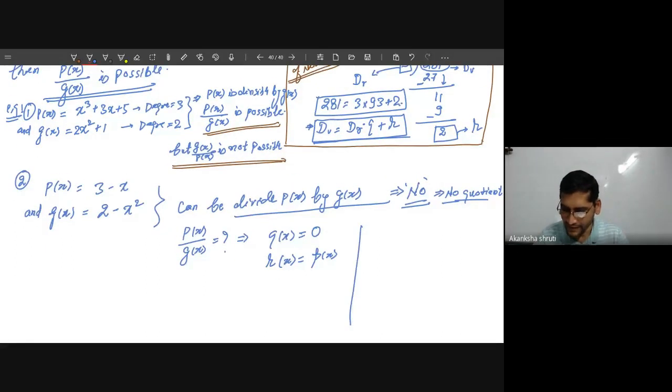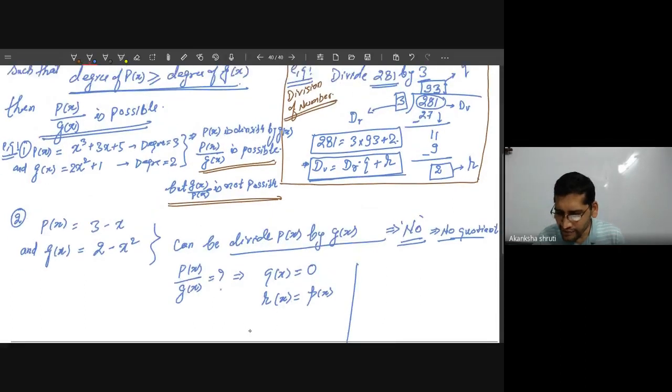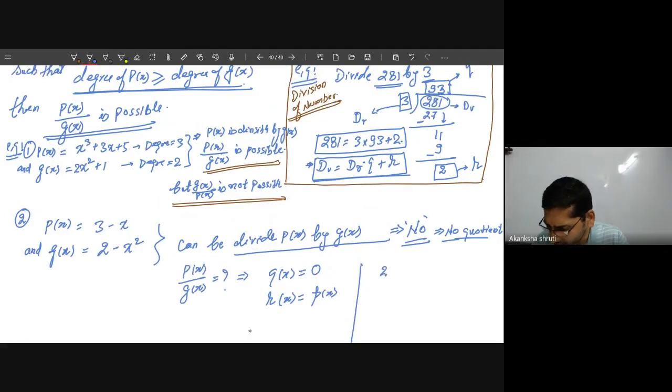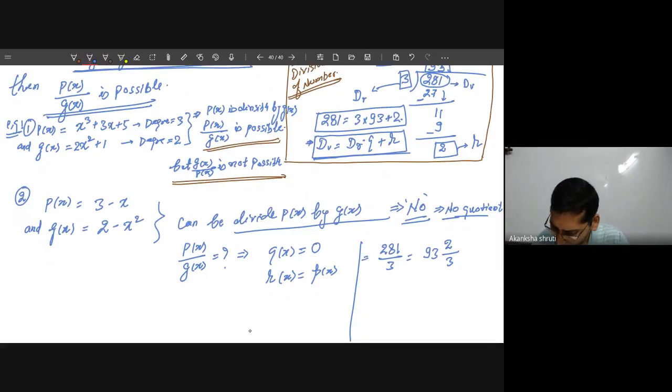Let us take an example. Whatever above we have written, we have divided 281 by 3. We have obtained the quotient 93. Then remainder was 2 and the divisor was still 3. Okay, but if anyone wants to know, if I am going to divide 3 by 281, what does it give? It simply gives 3 itself as the remainder.